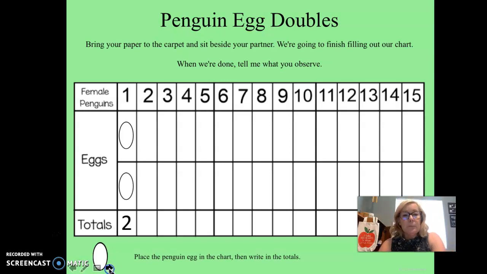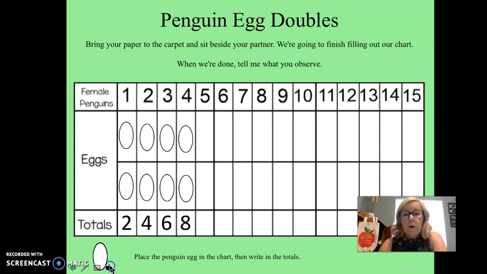Two eggs. Now we have 2 penguins for a total of 4 eggs. 3 penguins for a total of 6 eggs. 4 penguins for a total of 8. 5 for a total of 10. 6 for a total of 12. 7 penguins.